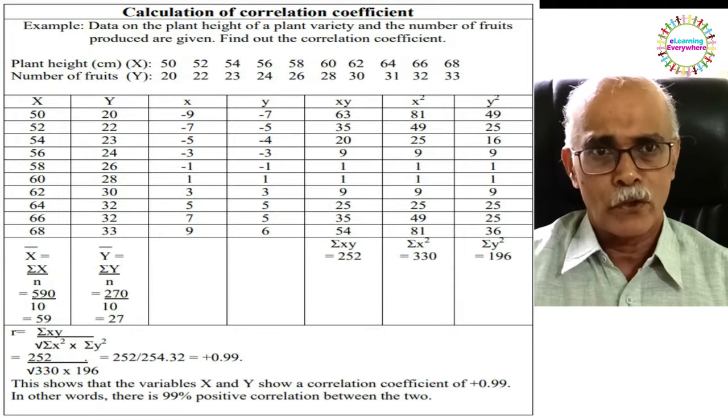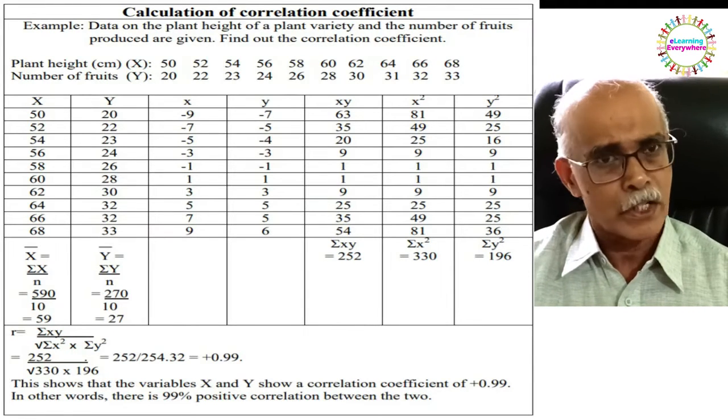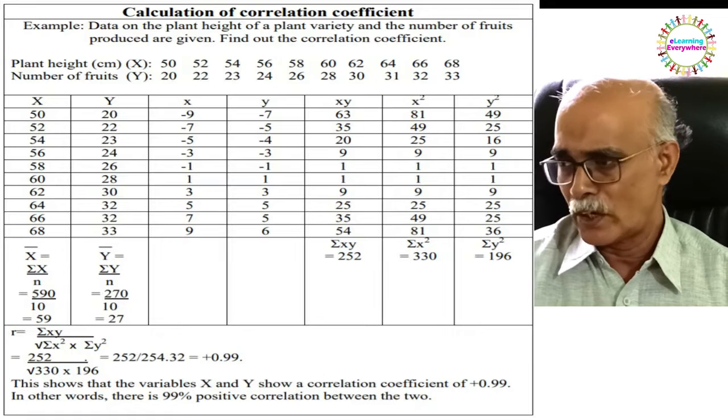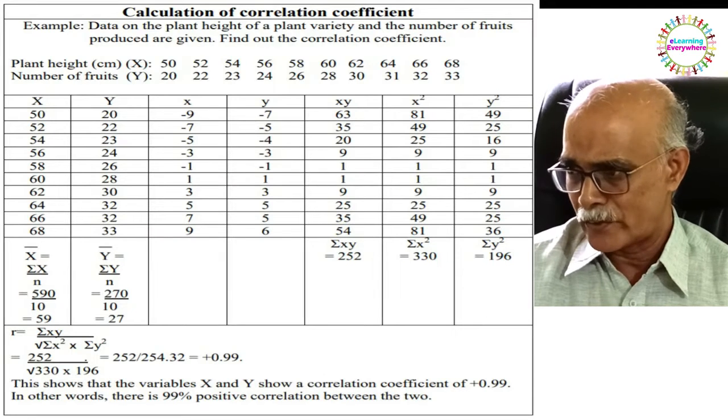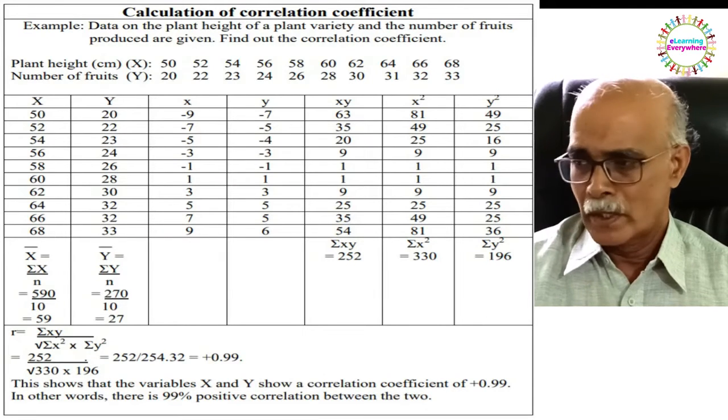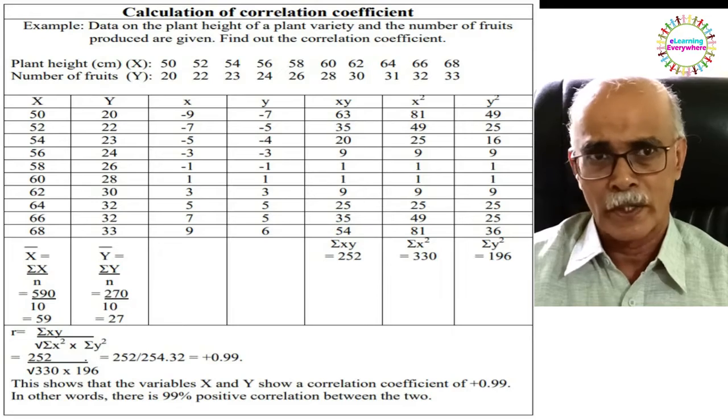Since the formula for the calculation of small r, the correlation coefficient, is r is equal to sigma xy divided by square root of sigma x square into sigma y square, you have to find sigma xy, sigma x square and sigma y square.